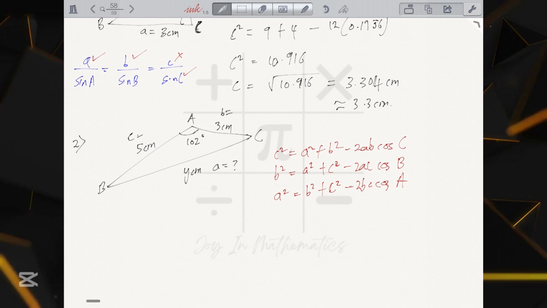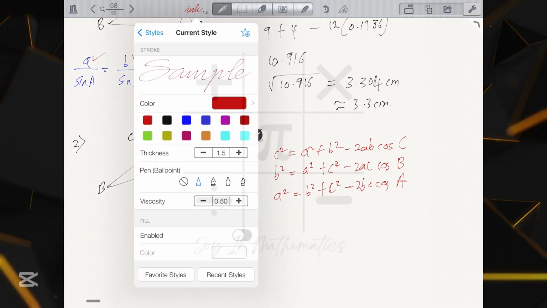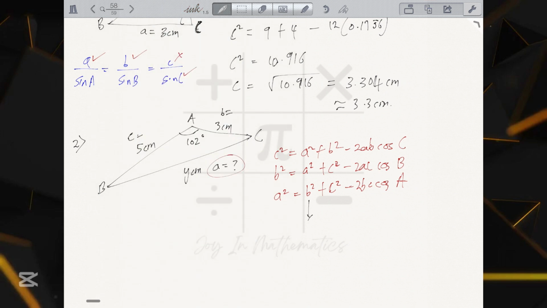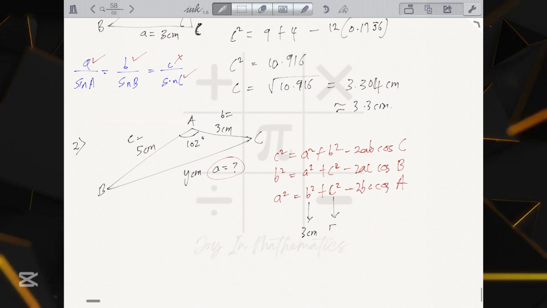So moving on, we want to evaluate A, and we can see that we have the value of B given in the question to be 3 centimeters. We have the value of C given in the diagram as 5 centimeters, and we have angle A given in the question to be 102 degrees.